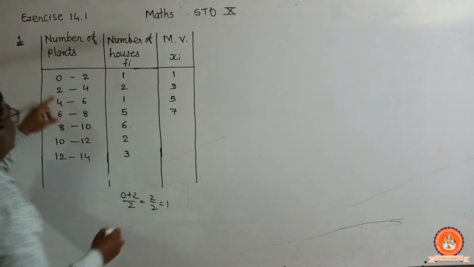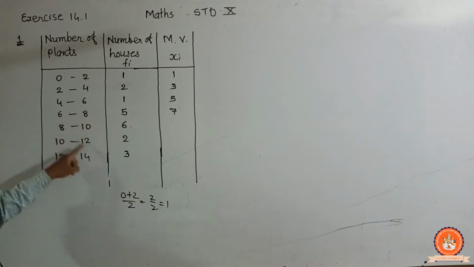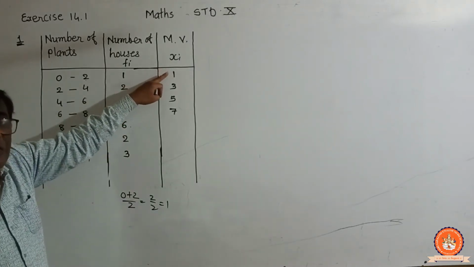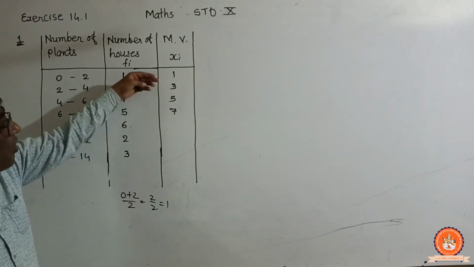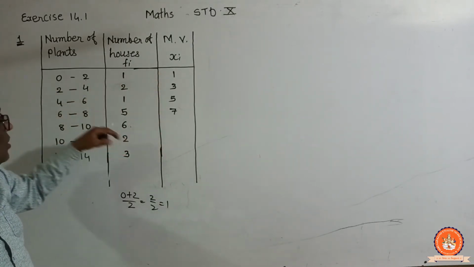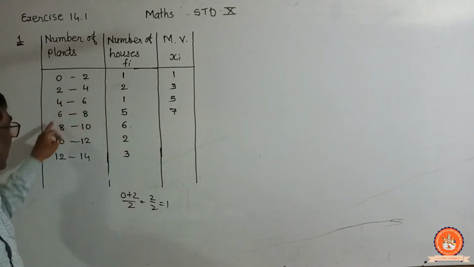And you can remark that there is a distance of 2 every time. The class length of each observation is 2. So the difference between mid values will also be 2. Once the mid value is written, go on adding 2 every time, because the class length is 2 every time.